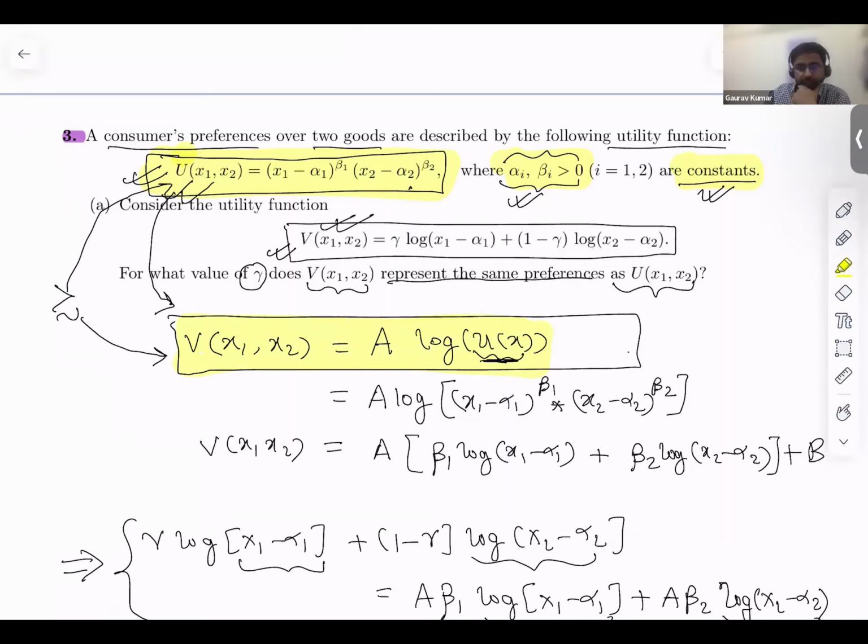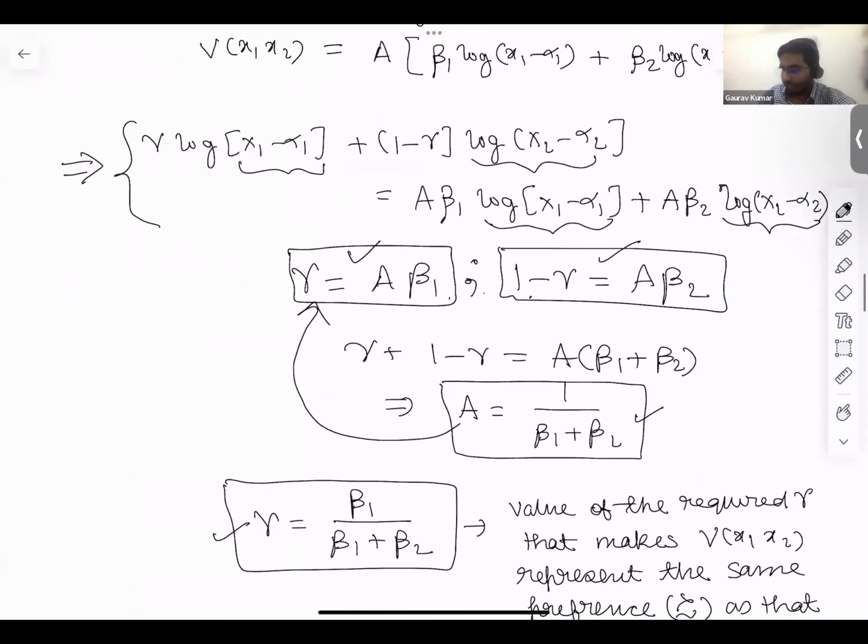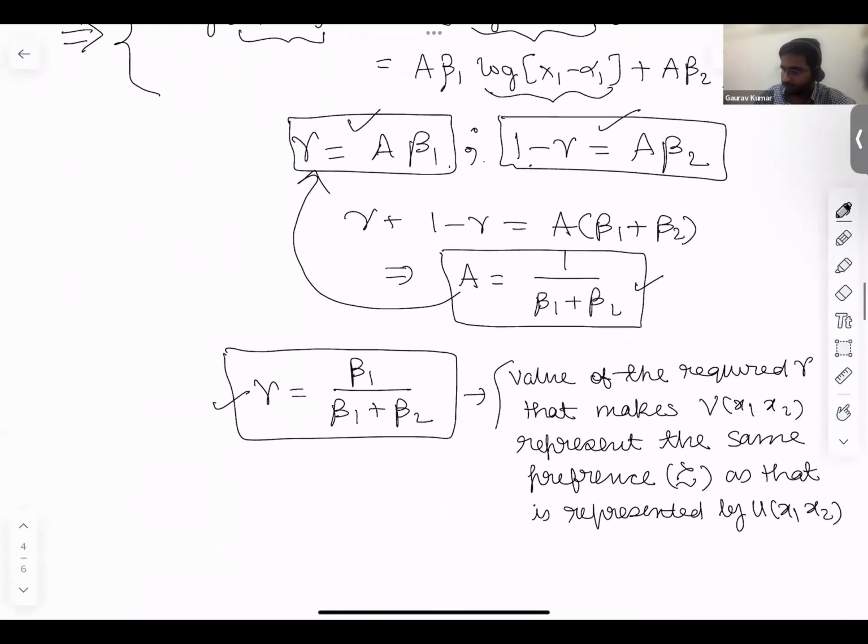After doing that monotonic transformation, I have just equated the two. This is given to us, and this is something which we get through monotonic transformation, and I equate the two equations in order to compare them and get these two equations, and then I solve for a, and then I substitute that a back and I get the value of gamma, and that helps us to reach this conclusion.